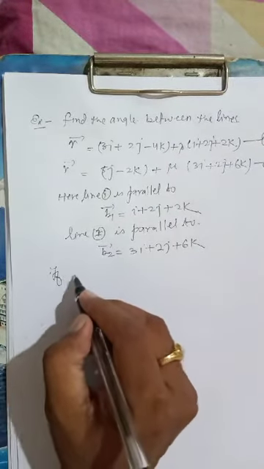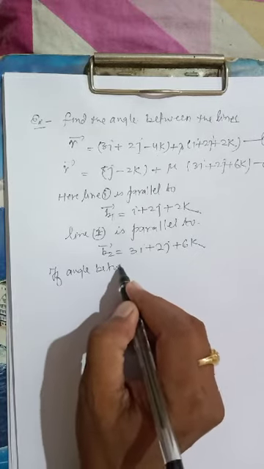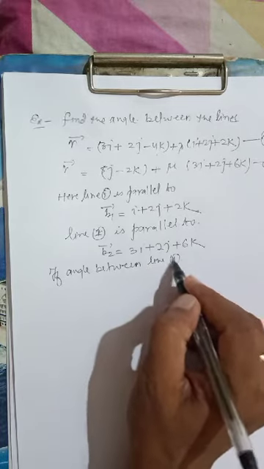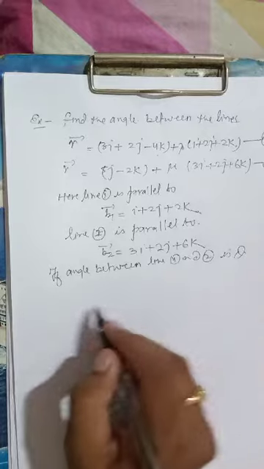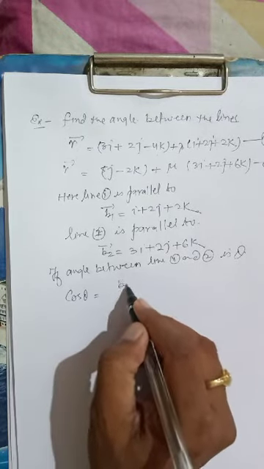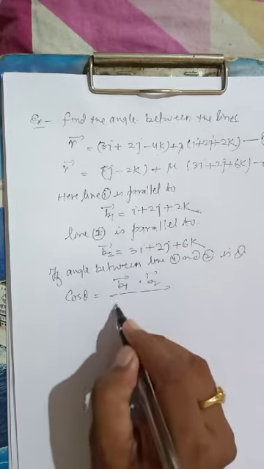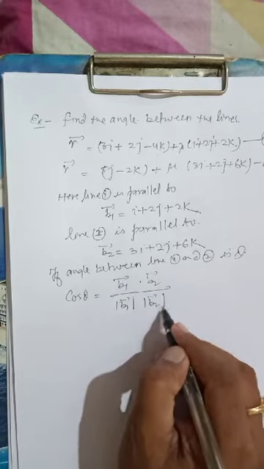If the angle between lines 1 and 2 is theta, then, as I explained, cos theta is equal to b1 vector dot b2 vector upon modulus of b1 vector into modulus of b2 vector.